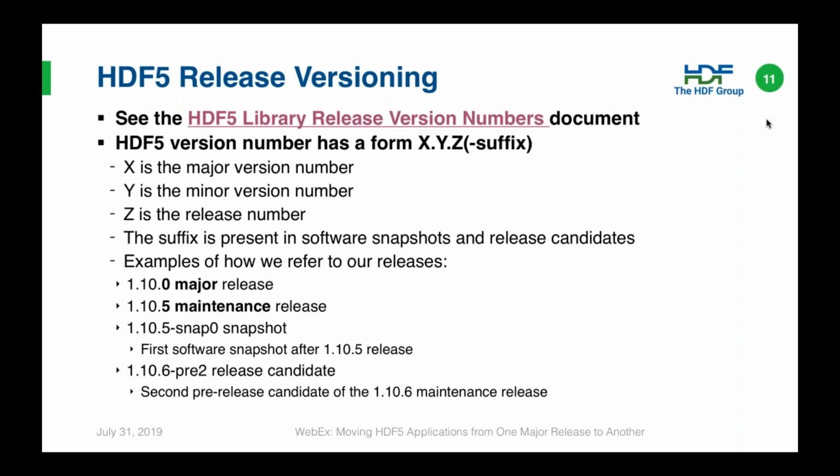For example, we will say 1.10.0, we call it a major release based on the third zero number, and 1.10.5 will be a maintenance release. 1.10.5-zero snapshot is the first software snapshot after the 1.10.5 release, and you may find it on our FTP servers when we provide snapshots of the software. And we usually announce on the forum, here is our pre-release candidate. For example, on this slide is the second pre-release candidate of the 1.10.6 maintenance release.